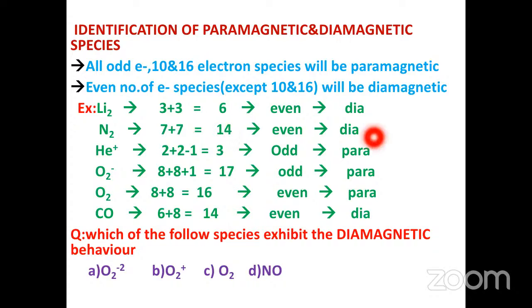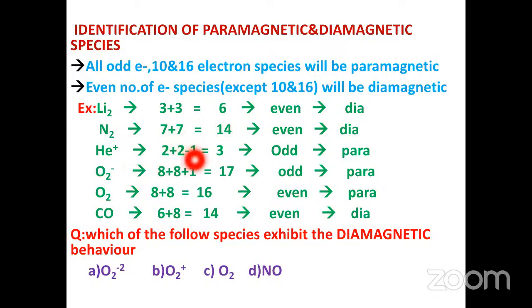The next is the He2 plus ion. The He2 molecule is formed with 2 helium atoms, and it has 4 electrons. It lost 1 electron because it has 1 positive charge.